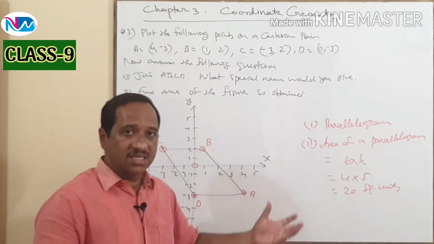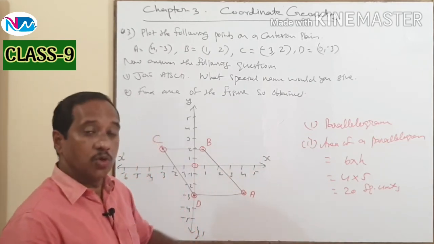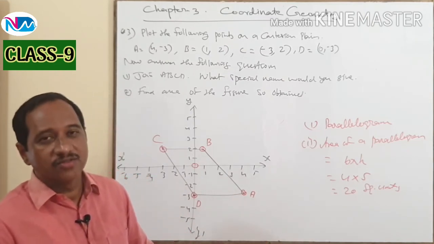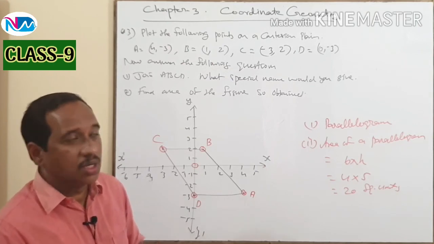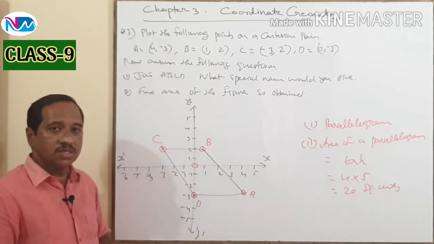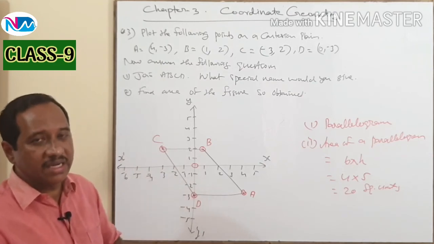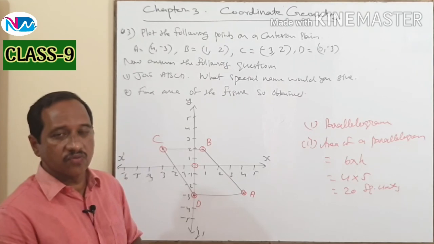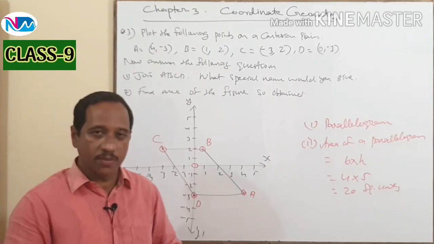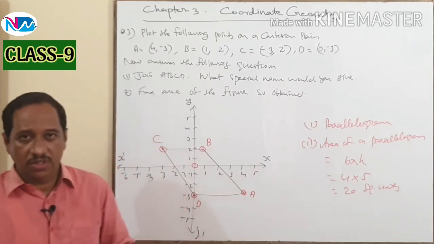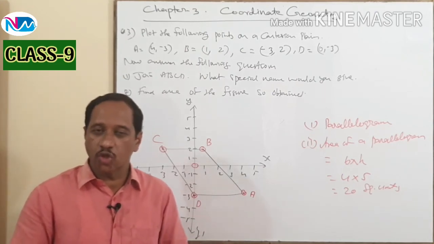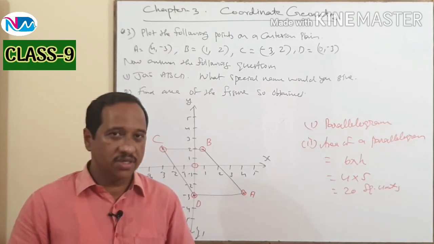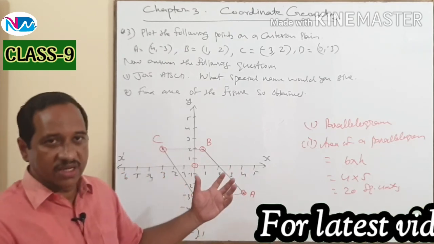That is, you may get sometimes trapezium, you may get rhombus, you may get a rectangle, square, triangle, etc. So once you understand the technique of plotting the points in a Cartesian plane, you can do any questions associated with the Cartesian system of coordinate geometry. I hope you understood what is Cartesian system of coordinate geometry and how to plot the points in it. With this, I wind up today's session.